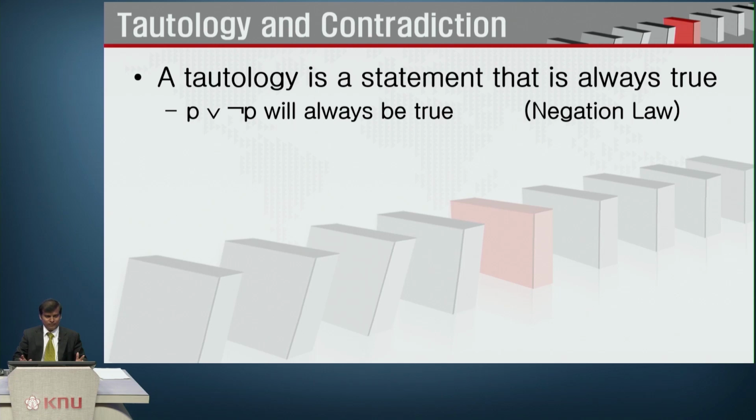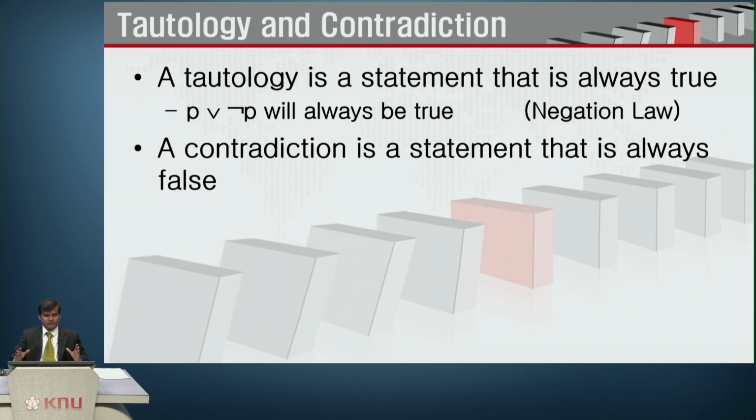Likewise, you can think of a logic in which it always remains true. For example, as you can see here, P or negation of P will always be true. So that's a part of the negation law.